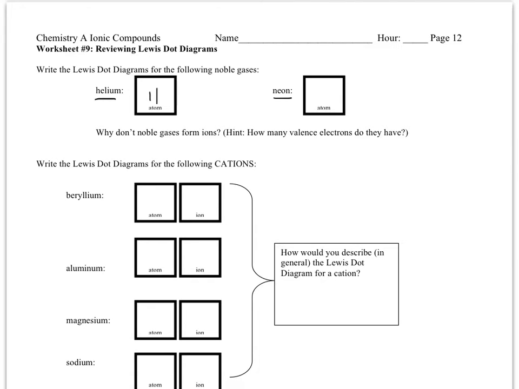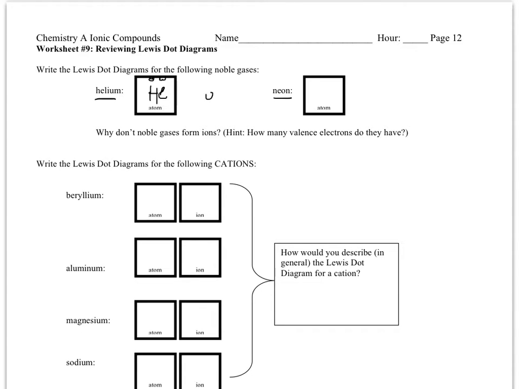So helium is a noble gas, meaning it's got a full outer shell. Noble gases always do, they're happy, right? But helium's a really funky exception, which is why I'm kind of highlighting it here, because it's only got 2 electrons in its outermost shell, but that shell's full.